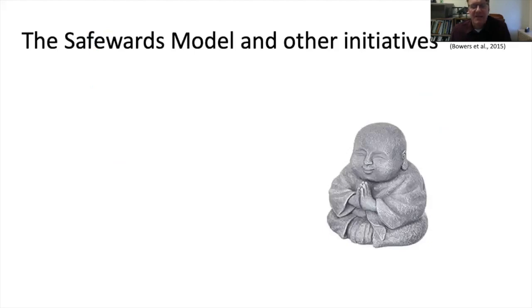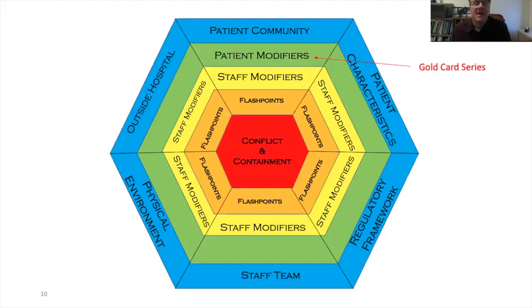In other words, it often seems like there's just so many different things going on in the hospital, and some start and stop, and it's hard to see it as a single effort that we're all pulling in the same direction. What we can do here is look at the Safewards model and start to plug in where these other hospital initiatives might fall within this model.